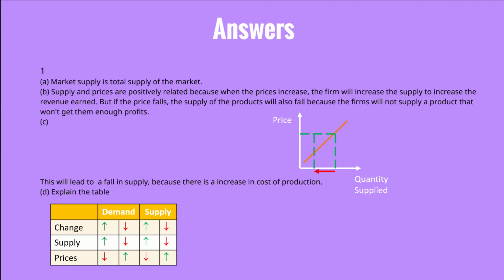What if the supply changes? If the total supply or the market supply increases, then the suppliers will also increase their supply and reduce the prices. And if there is a change in market supply negatively, then the supply will fall and the prices will be higher.